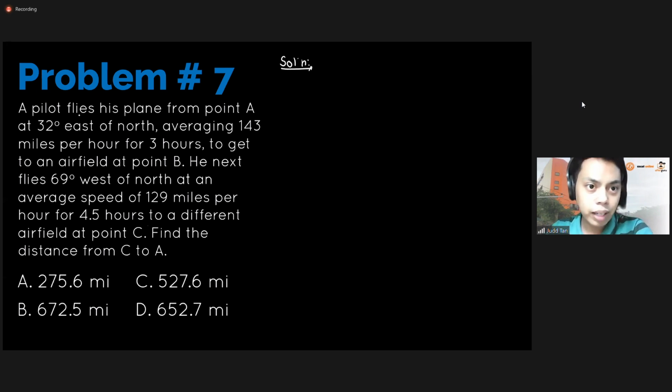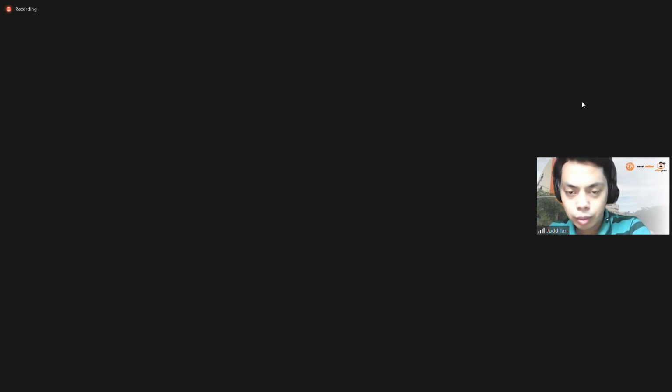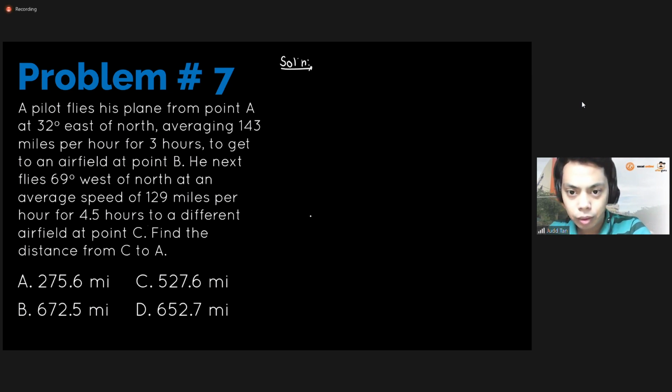So the pilot flies his plane from point A at 32 degrees east of north. So start tayo dito. Kunyari dito, north, south, east, west. Okay. Ano nga ibig sabihin ng east of north? Kapag sinabing east of north, meaning galing po kay north, papuntang east.